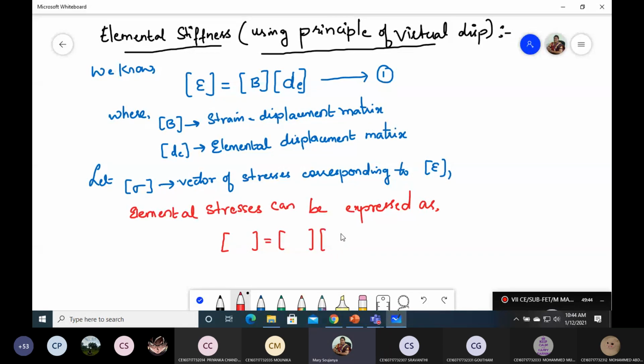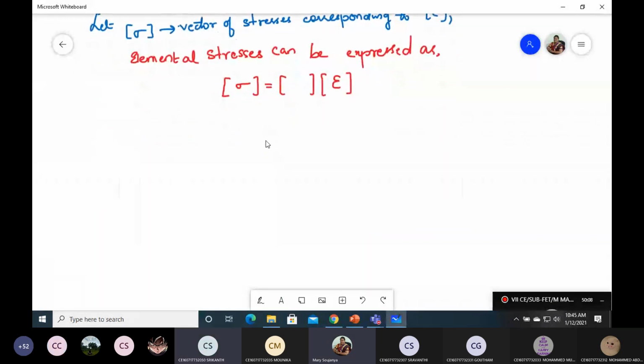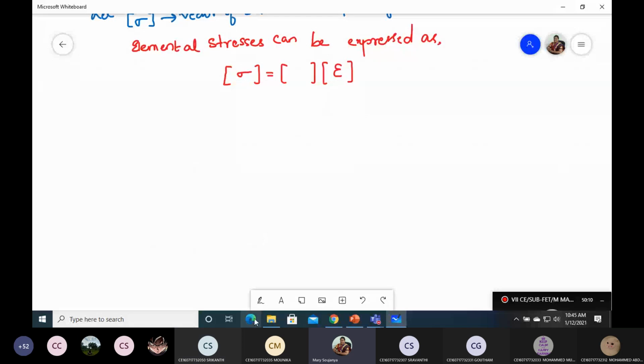Anybody? Stress strain relationship from unit 2. How are stress and strain related in unit 2? You have already done this in your mid 1 also. Come on, none of you. D. Yeah, what is that called? Who was it that answered?